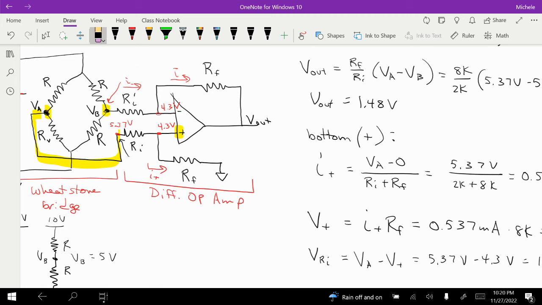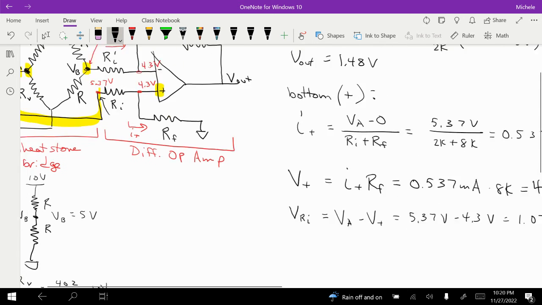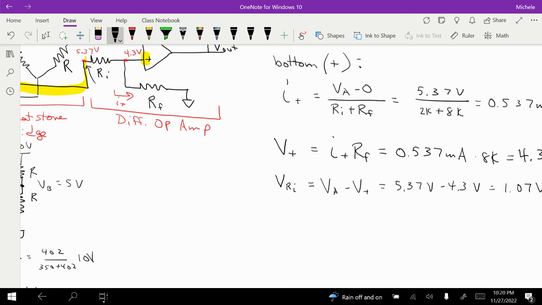Let me clear this out just a little bit. So this is 5 volts. This current goes this way, and that's going to be I minus. There we go. Okay, so now we're going to go to the top, the negative input to the op amp.